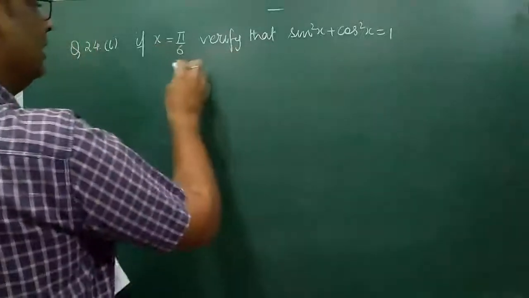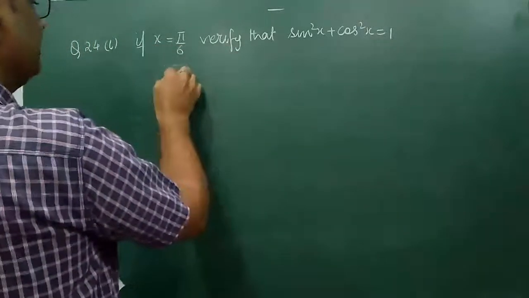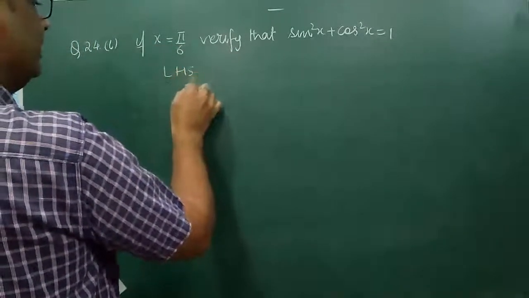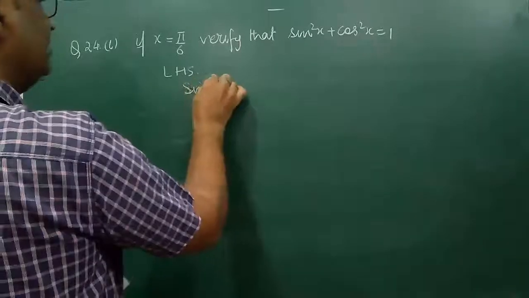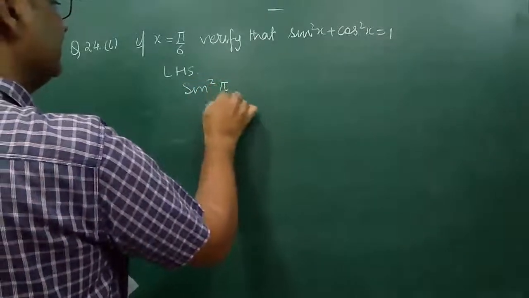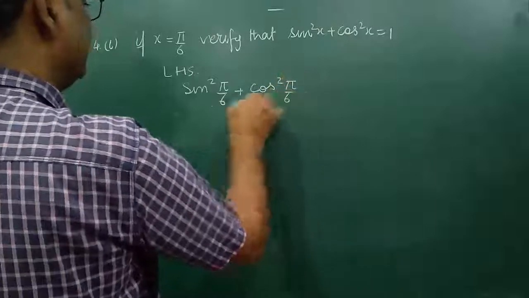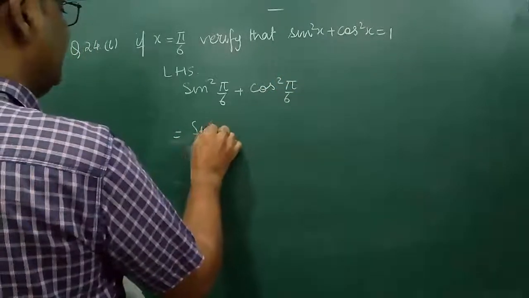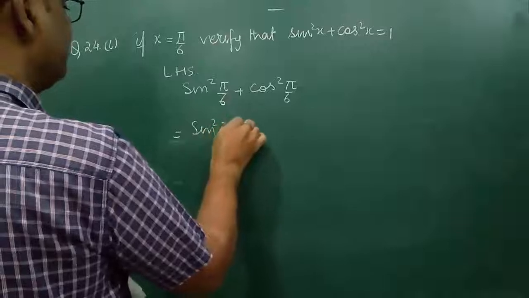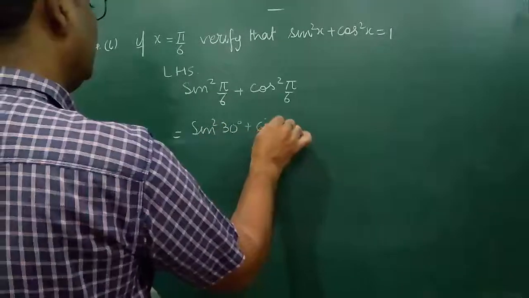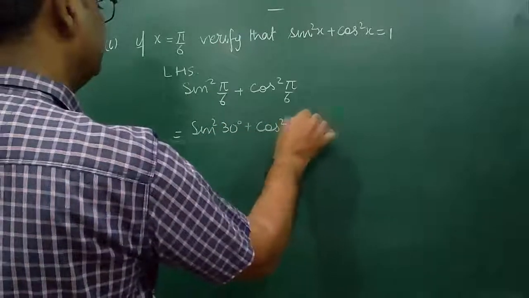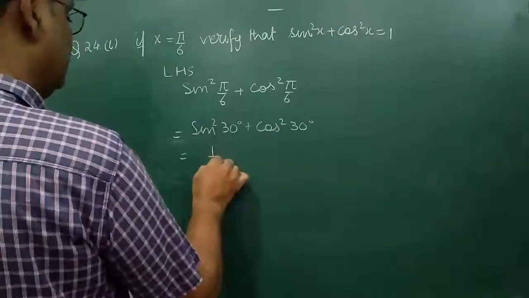Here x is pi by 6, so we can take LHS, means sin square pi by 6 plus cos square pi by 6 is equal to sin square 30 plus cos square 30, 1 by 2 whole square.